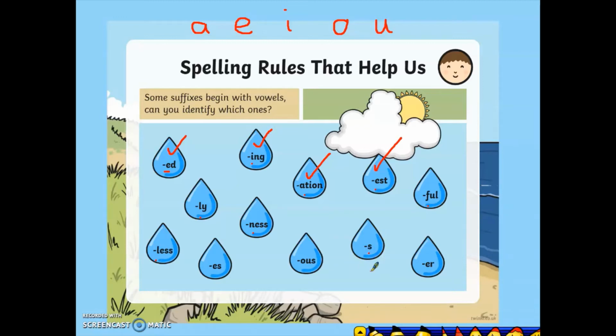Ly, L is a consonant. Er, yep, E is a vowel, so the suffix begins with a vowel, and ous begins with an O, so that one begins with a vowel.